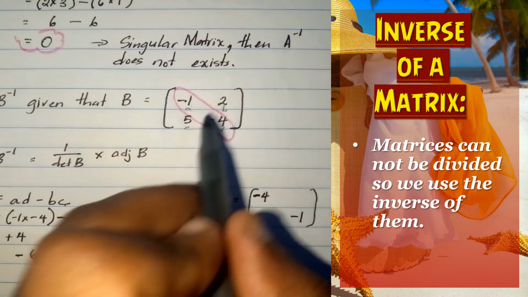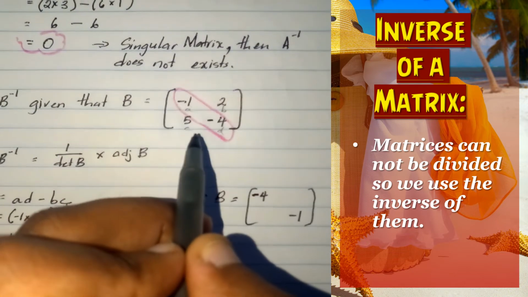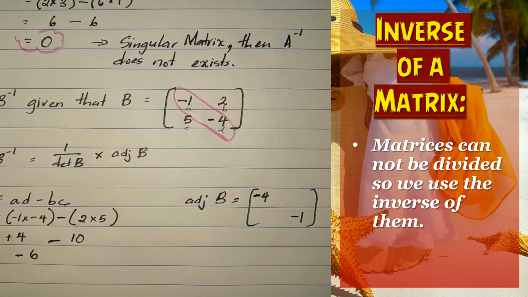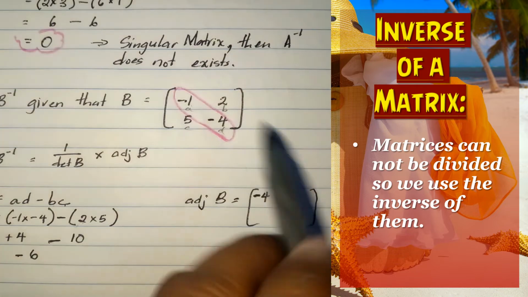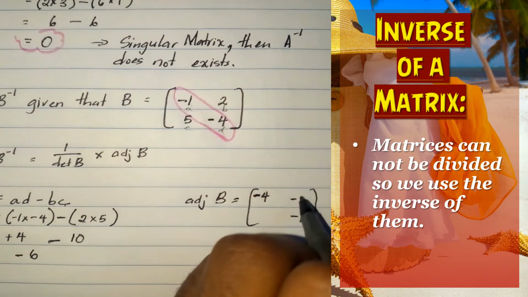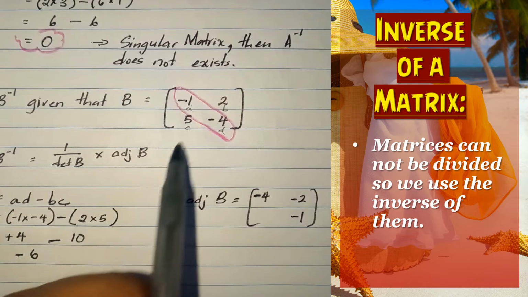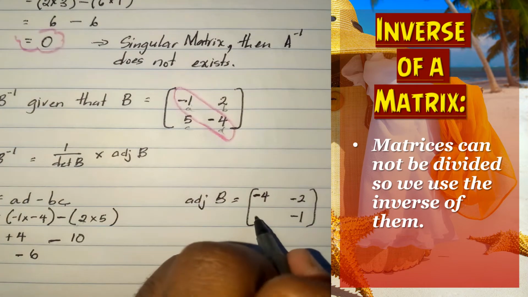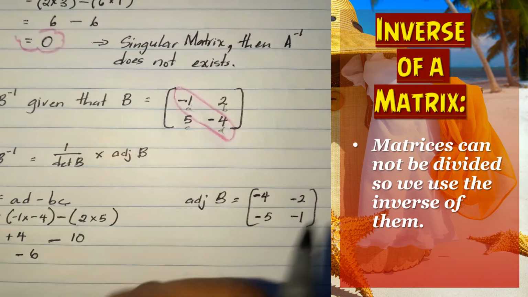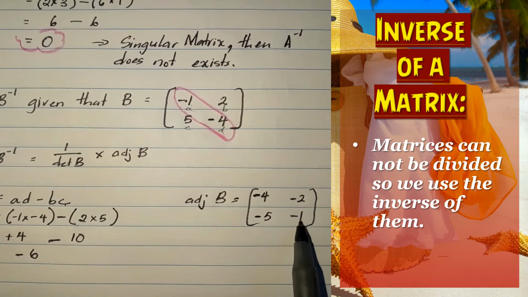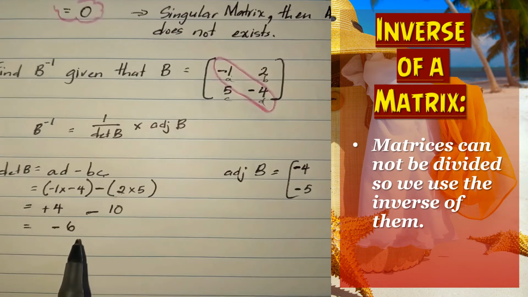And then I'm going to keep my off diagonal elements, but apply a negative to them. So a negative by a +2 gives me a -2, and a negative by a 5 gives me a -5. So this is the adjoint of B, and this is the determinant of B.